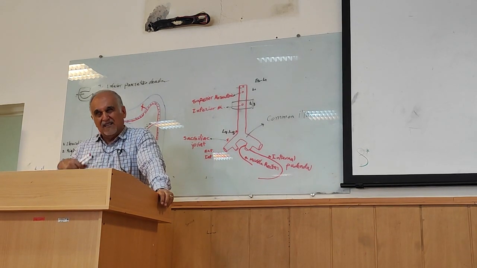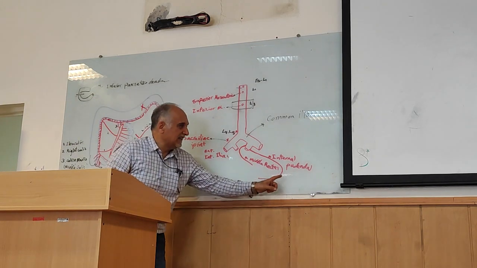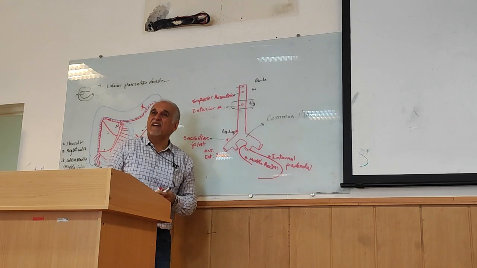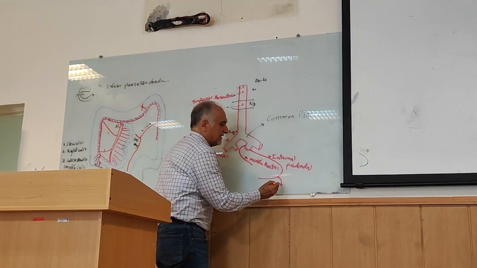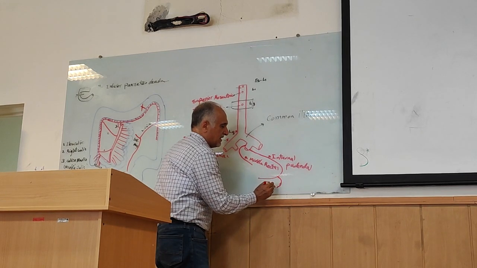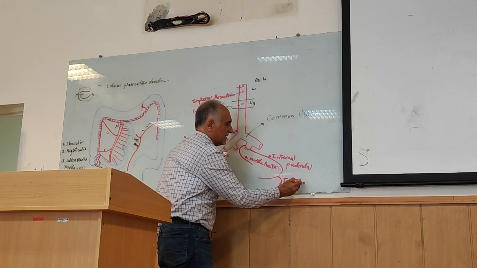Okay? We will discuss it in the reproductive system. So internal pudendal on the way has a branch, and the name of this branch is, excellent, inferior rectal.